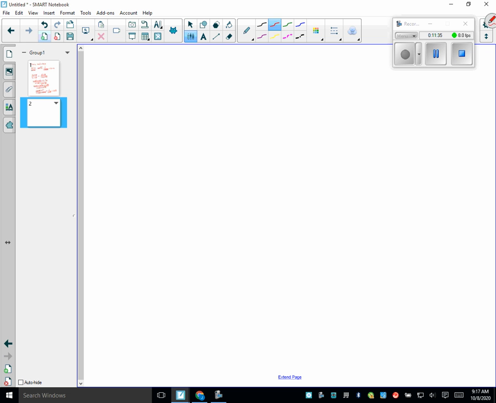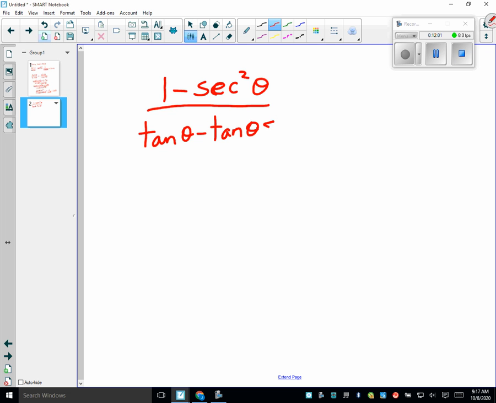One minus secant squared theta over tan theta minus tan theta secant theta.